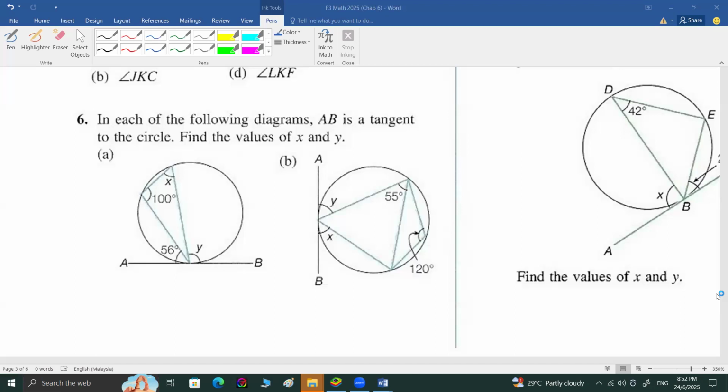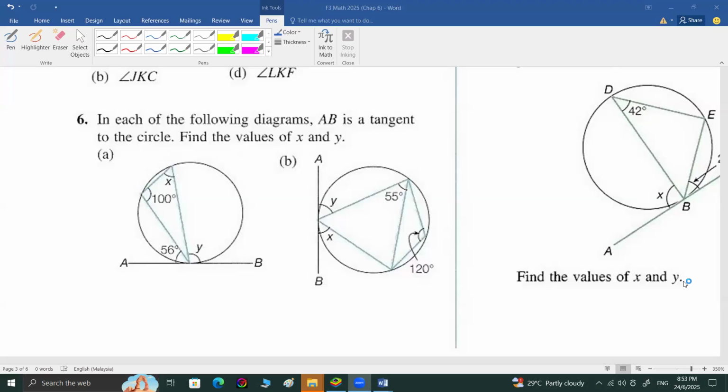For B, you can see cyclic also, yeah? Cyclic quadrilateral, yes. Try, okay. For B, you can see the triangle and the cyclic.